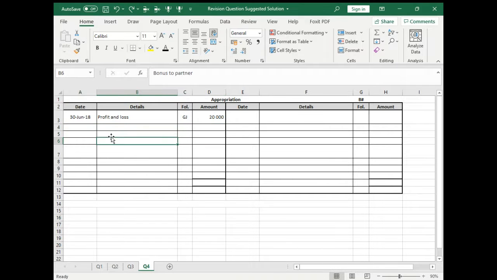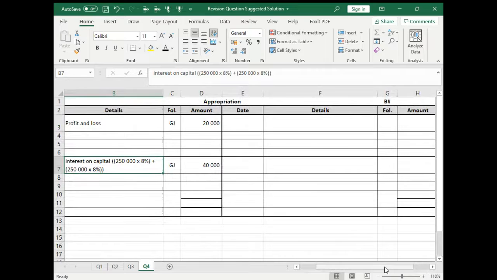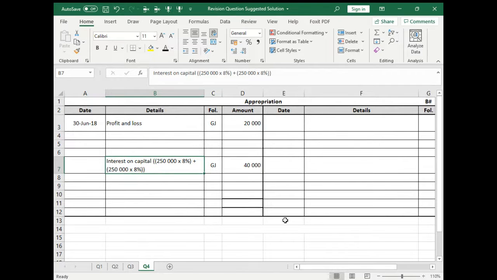Oh sorry, I don't want to do the salaries just yet. So what we do is the interest on capital. We said it's 8%. I'm just going to make it a little bit bigger for you guys in the back. You take the 250,000, which they've given you as the capital balance.